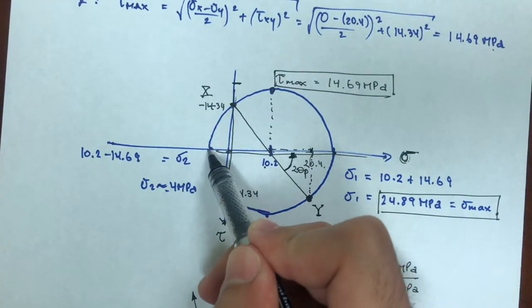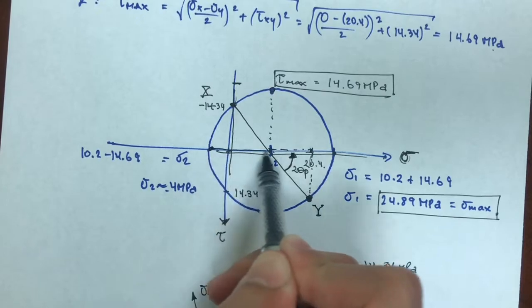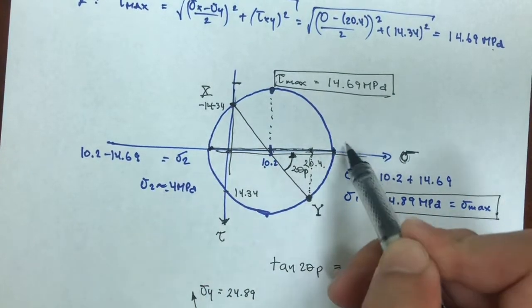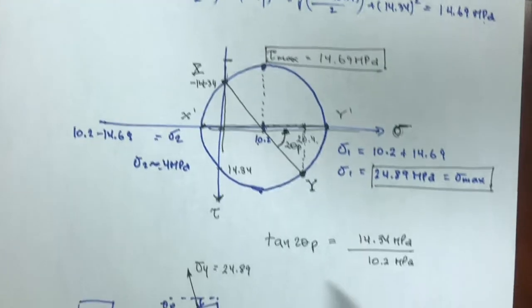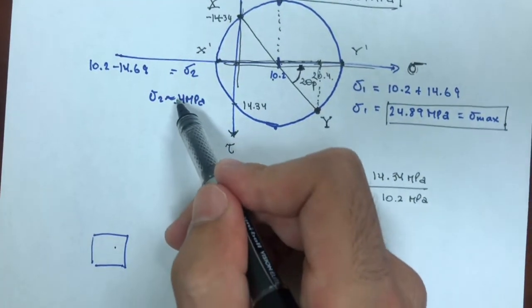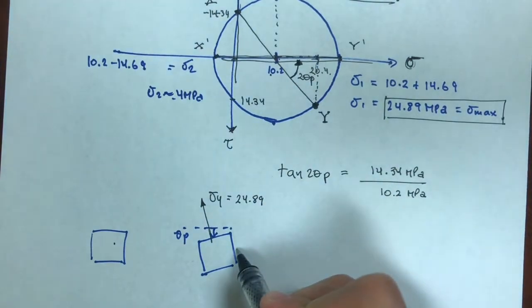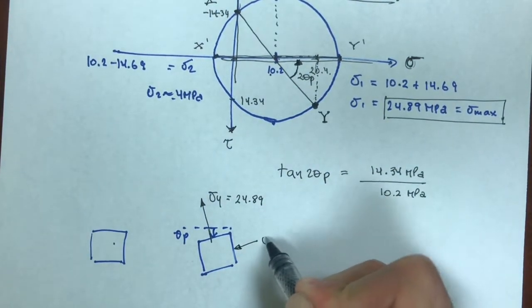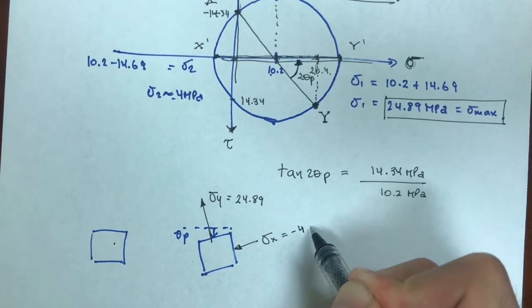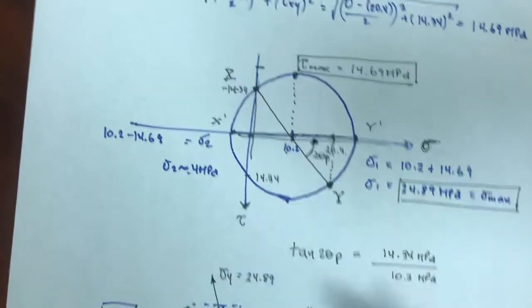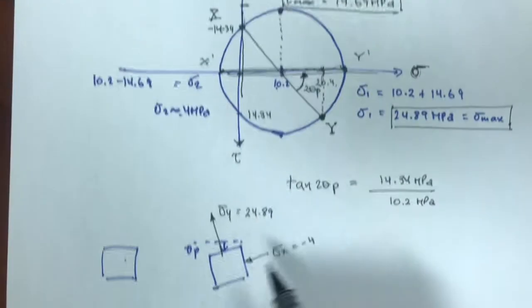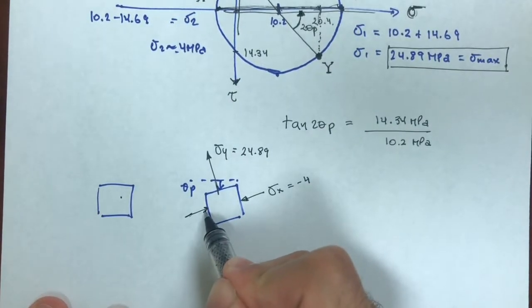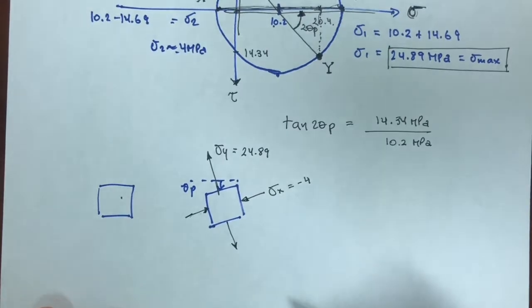And x, I would also find an x. So if I draw the diameter from this point to the other point where my y prime and capital X prime are, I would find what I said was close to minus 4. So minus 4 in the x direction, sigma x equal to minus 4. And no shearing, because when I'm on the principal stress line, I wouldn't have any shearing. Okay? So compressive in x, tension in y.